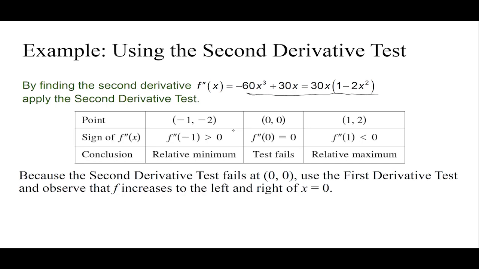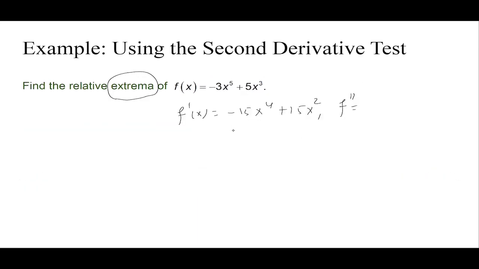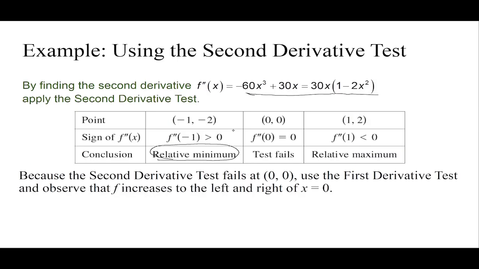So at negative 1 we have the second derivative positive, which means we will have a relative minimum value according to the previous theorem, theorem 4.9. If the second derivative is positive, we get the relative minimum value. If the second derivative is negative, we get the relative maximum value. In this case, at 0, the second derivative is 0. So that means there is nothing.